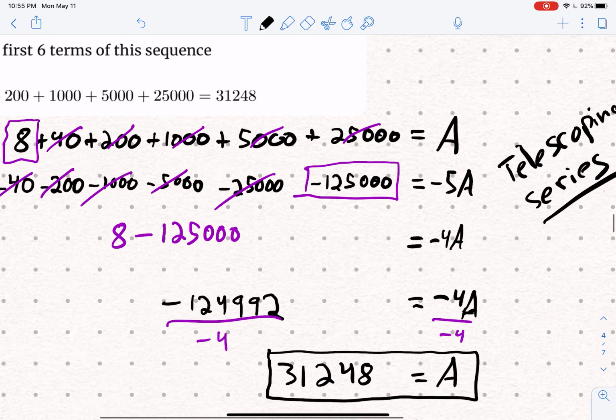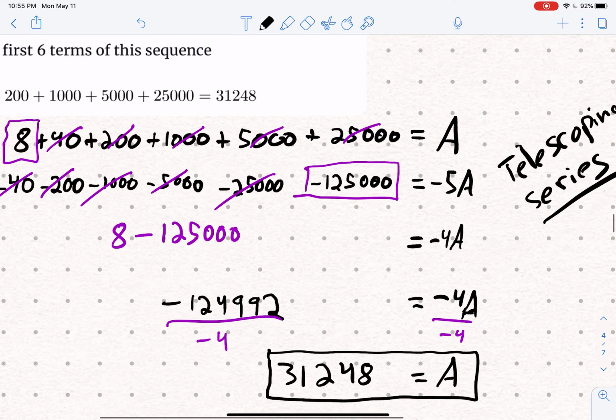So suppose that we have a geometric series, a_n is equal to some initial term times r to the n minus 1. And we want to find the sum of the first, well, in the example above, we added up the first 6 terms.